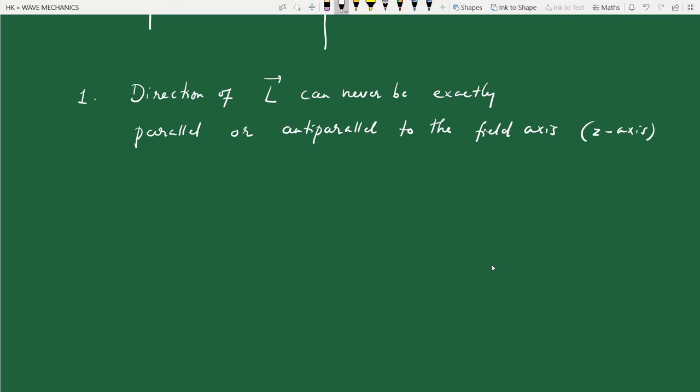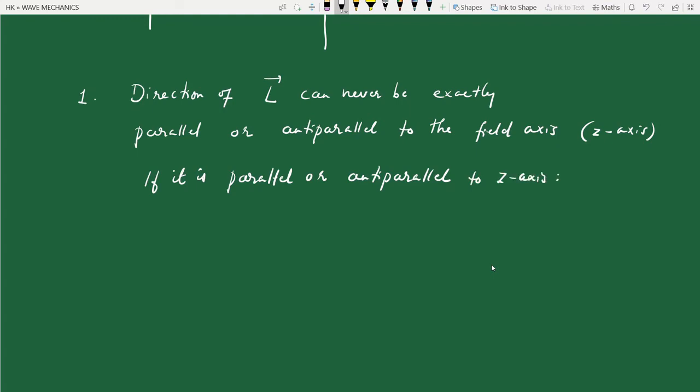Why is it so? Suppose the direction of L is exactly parallel or anti-parallel to the z axis.